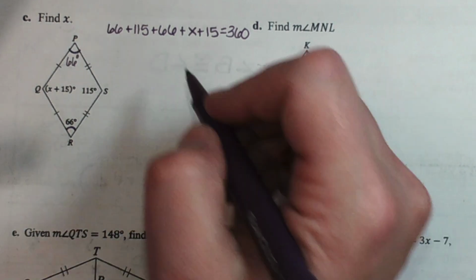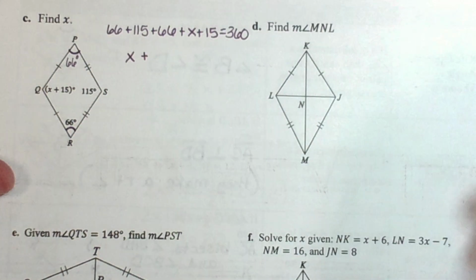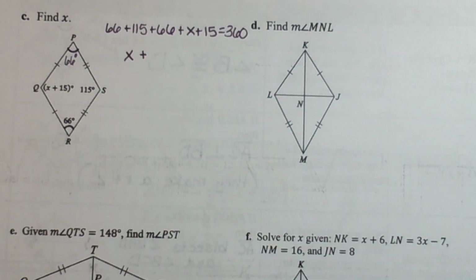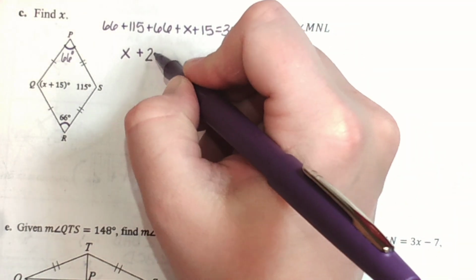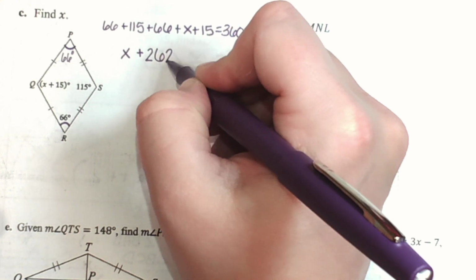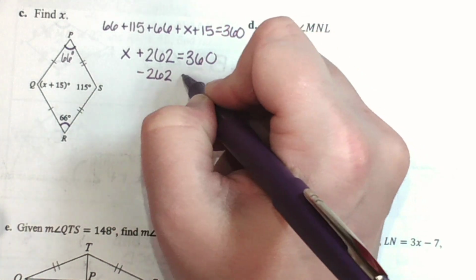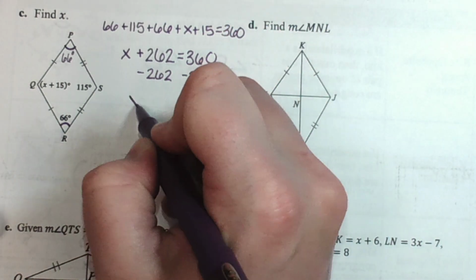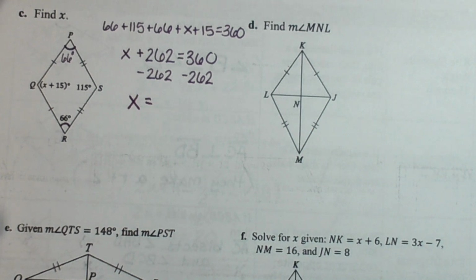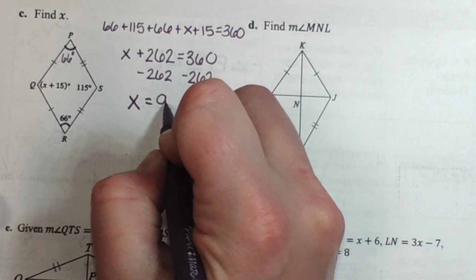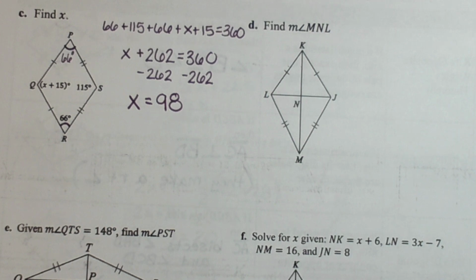I've just got a single X. 66 plus 115 plus 66 plus 15 is 262. And I subtract 262. 360 minus 262 is 98. Is X what we were solving for? Yes.